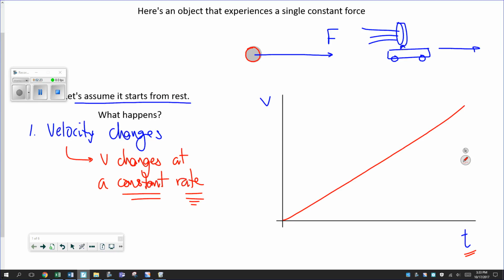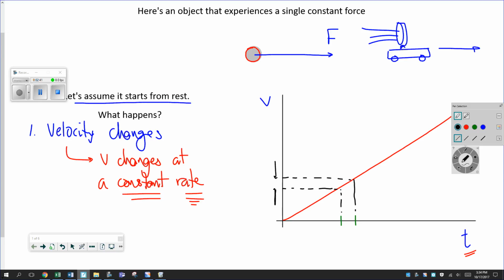And if there's the same exact amount, check this out. Let's take an arbitrary amount of time. Well, in that amount of time, velocity changed by that much. Here's a delta v.